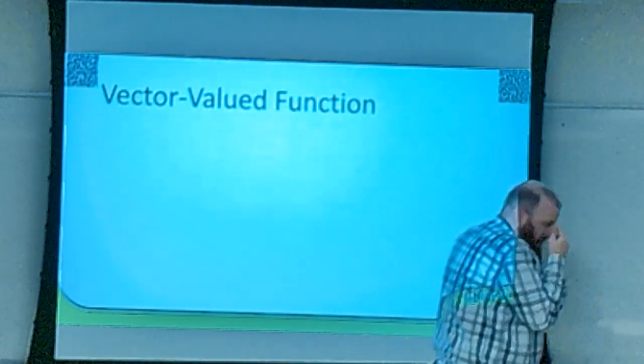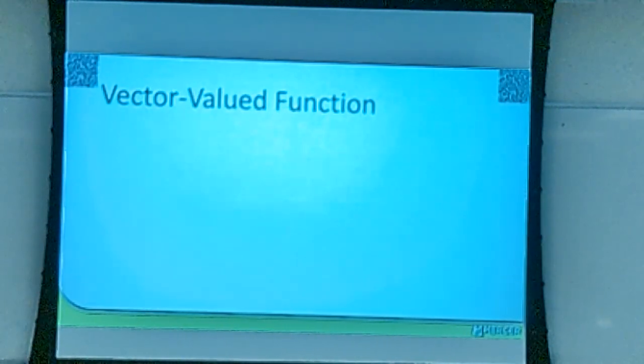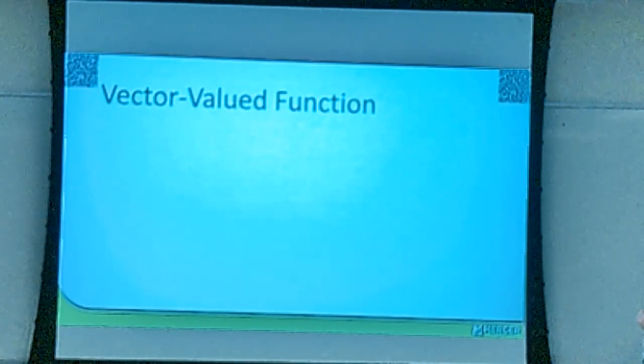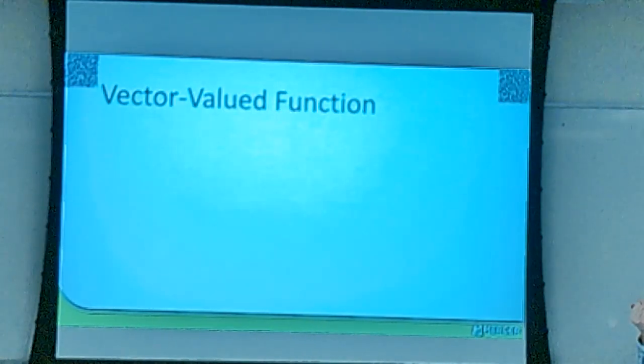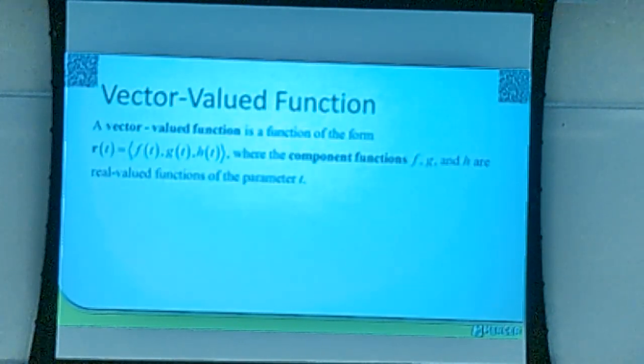Everything we've been working with so far has been vectors where each component was a constant. So the next logical step is to look at vectors where the components are variable. It's called a vector value function.